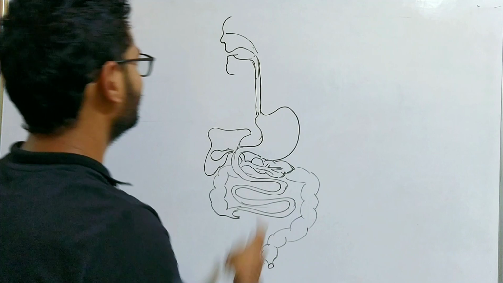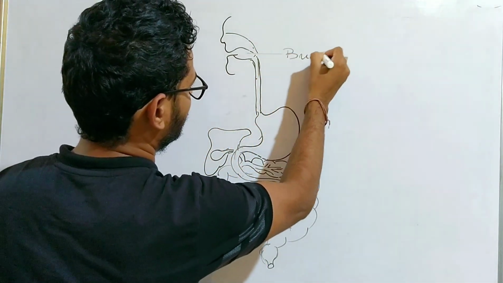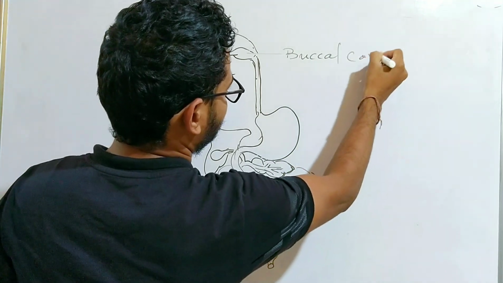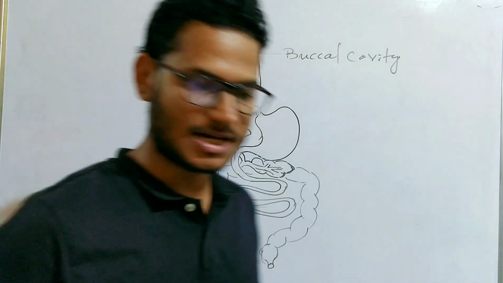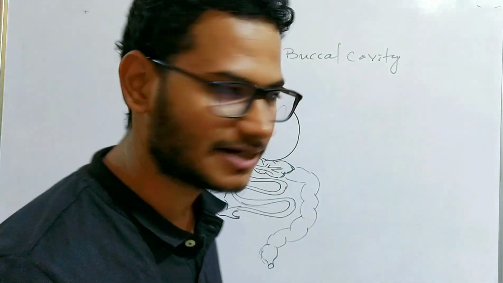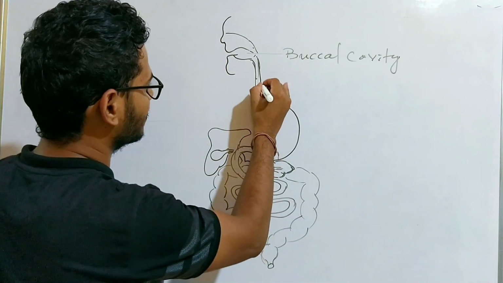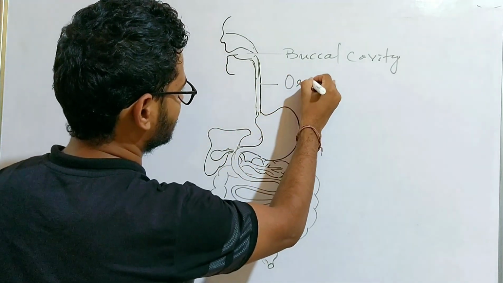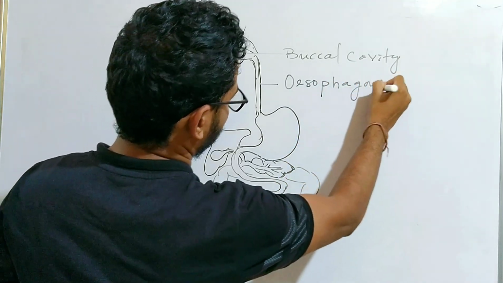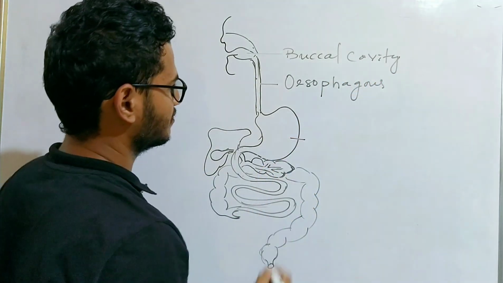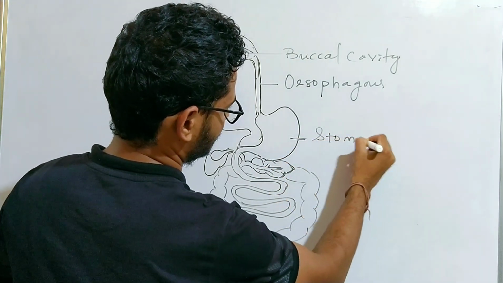Here we have the buccal cavity. Buccal cavity is also known as mouth cavity or oral cavity. Then the long tube, the food pipe or the esophagus, then the wider part, that is the stomach.